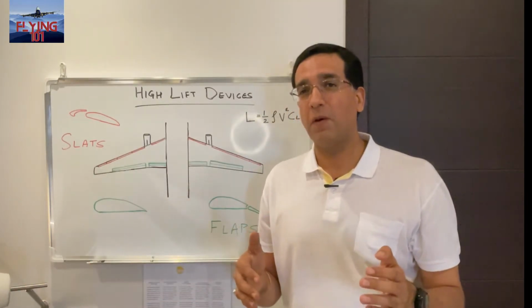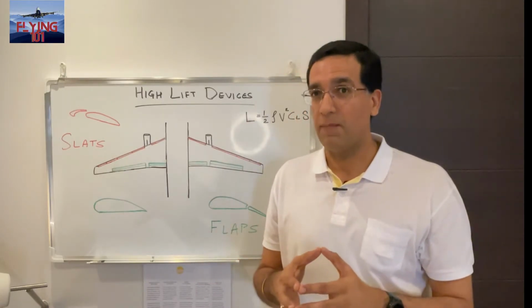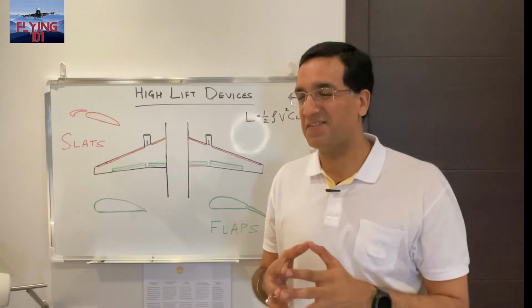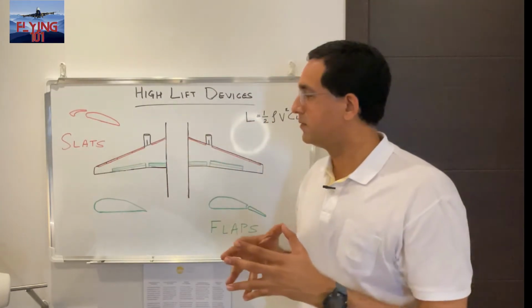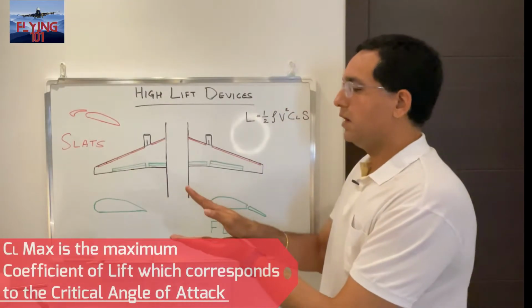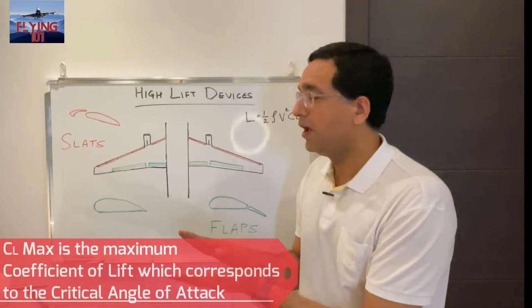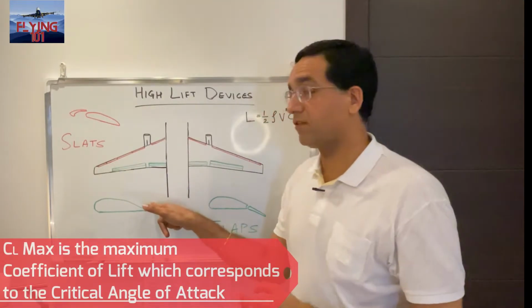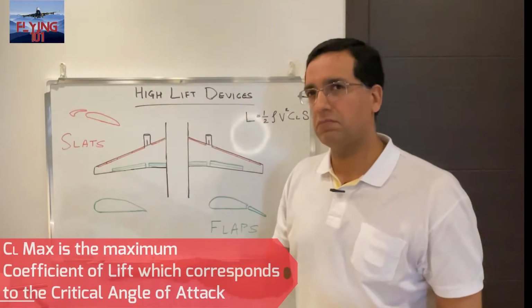If you haven't watched the video on stalls, the previous one that we did, I suggest you watch that because that will give you some more context in terms of how this phenomenon works. So this CL increase is only possible up to a certain angle of attack, after which a separation of the airflow occurs on the top of the wing and it's no longer able to generate lift, and so it loses lift.